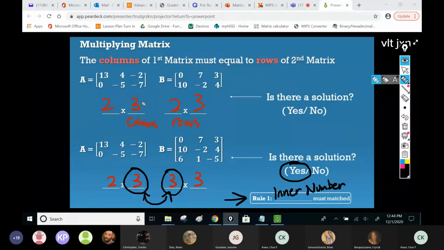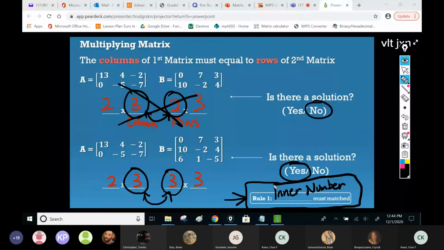Whenever you are trying to multiply two matrices, the inner numbers have to match for it to have a solution. If they don't match, then no solution. So once again, the inner numbers have to match. Please write that down in your notebook.